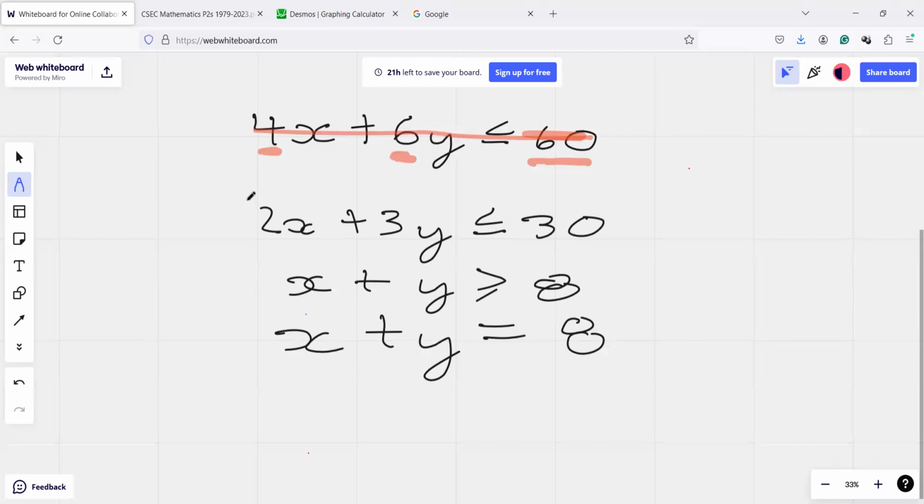So let's write down x plus y is equal to 8, and you're going to rearrange that to give you y is equal to 8 minus x. And in order to plot it, you just identify two easy values to plug into this function so that you can get 2 points, and you're going to connect them on the graph.